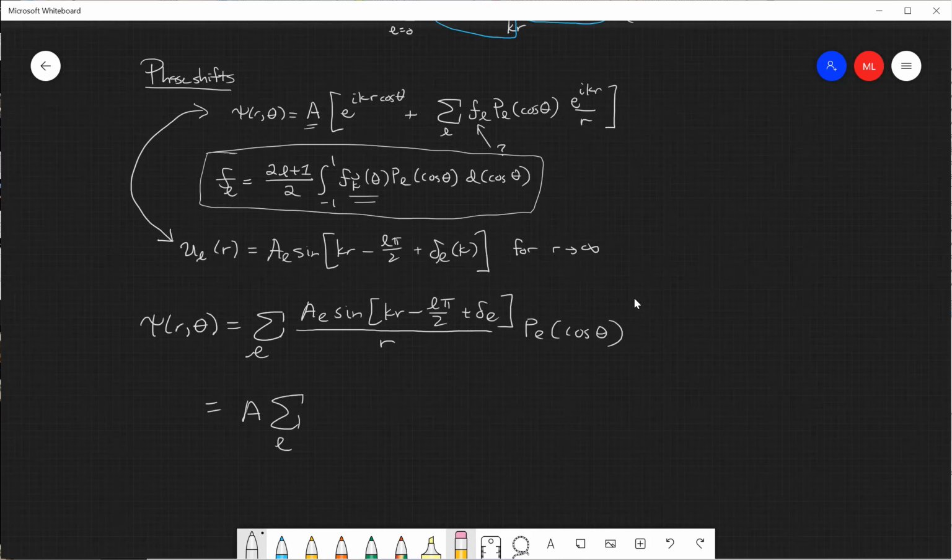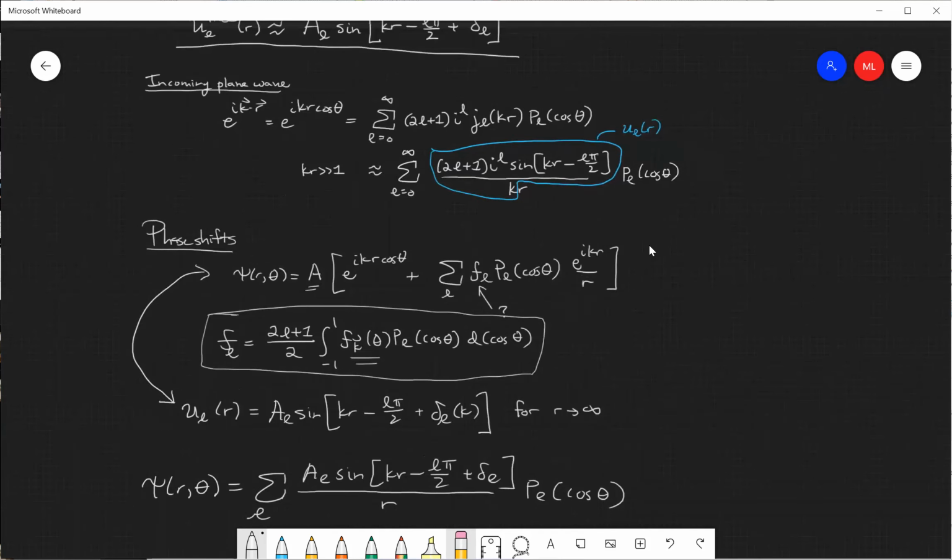Now we have to expand our exponential. So again, we have to expand this e to the i k r cosine theta. I showed you how to do that. It's just given by these guys.